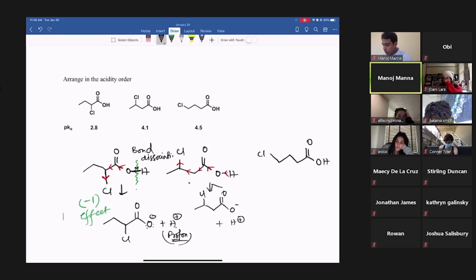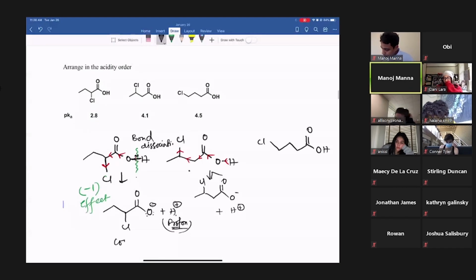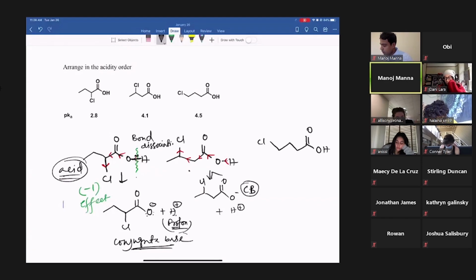When you have bond dissociation, we call the resulting species the conjugate base. If this is an acid, after bond dissociation, whatever negatively charged species remains we call the conjugate base. Similarly, this one is your conjugate base.